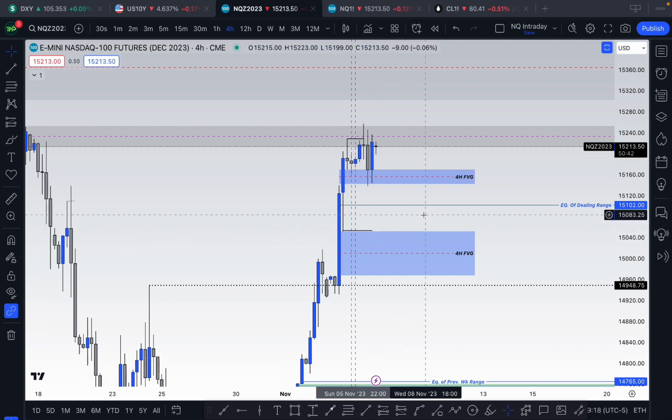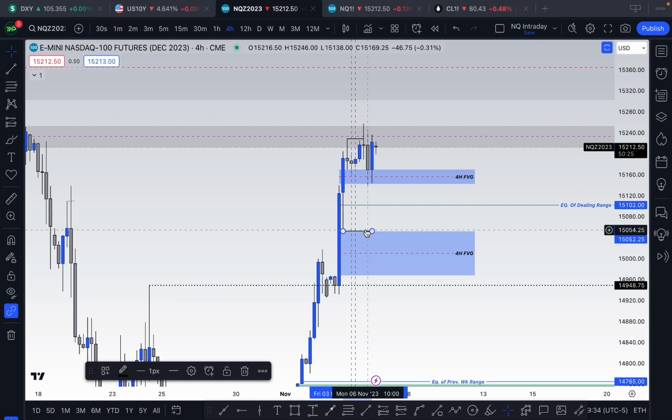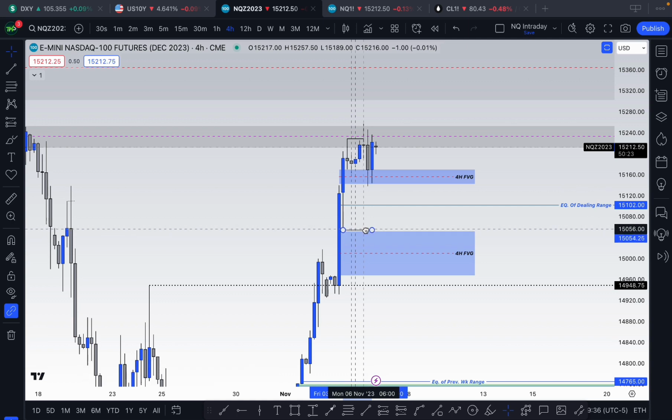Now we can also see if this low goes to this high, comes down, takes this low, then we have an order block, fair value gap. Definitely a lot of potential there for a solid direction higher.